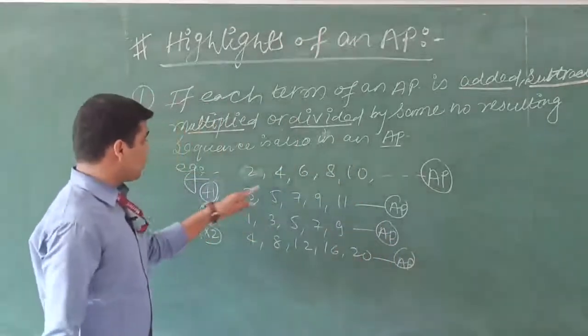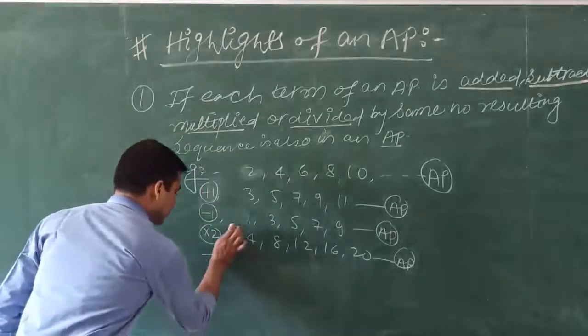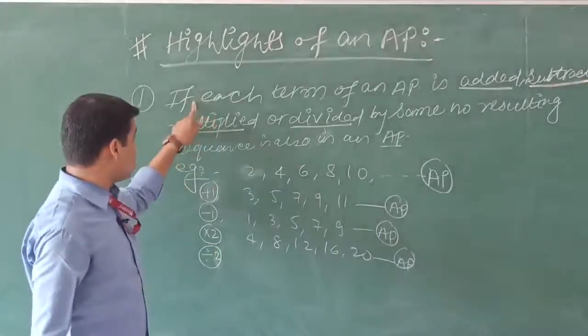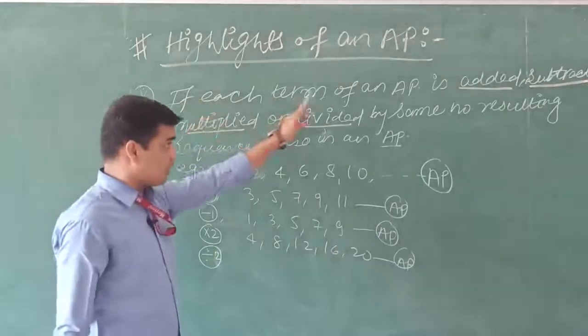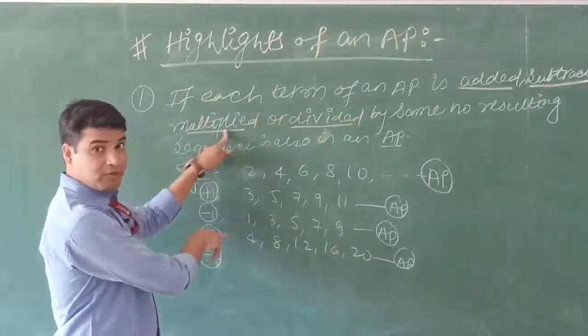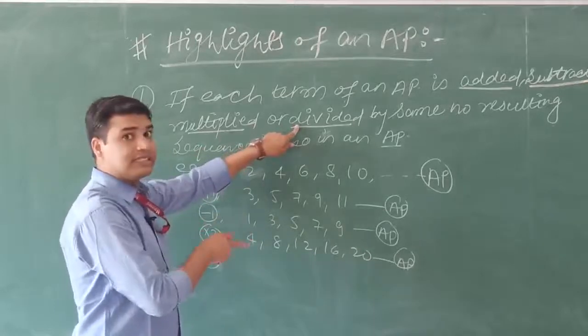Now what are we going to do? I am going to divide by 2. We will check division also. Actually our point is, if each term of an AP is added, subtracted, multiplied... we have finished up to multiplied. Now we are going to divide each term by 2 and see if this is in AP or not.